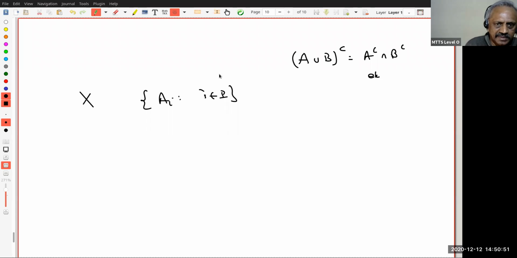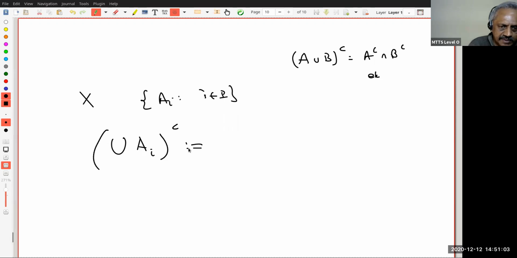For convenience sake, for understanding sake, I am assuming there is an index. Now suppose A_i, the union, and what is its complement? What is this by definition? This is X minus the union of A_i, i in I. Okay, this is the complement.